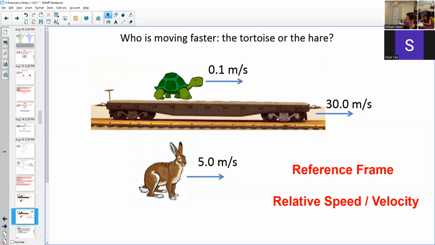When you're driving down the highway with the cruise on at 65, a good law-abiding 65, if a car goes by you really fast, what do you know about it? It's going faster than 65.